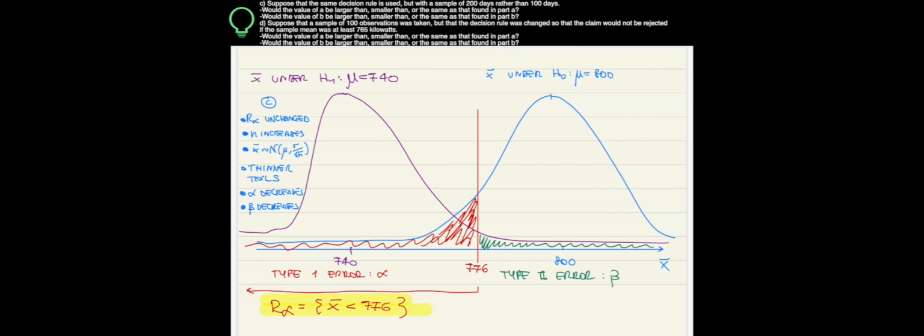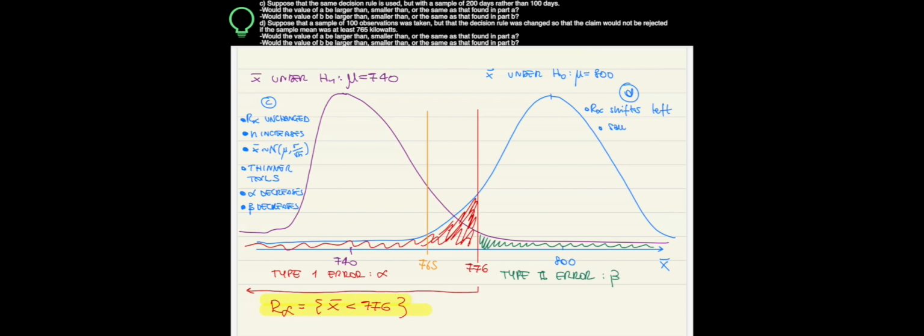So we only reject if the sample mean is lower than 765, right? So in case D, the critical region shifts left. Okay, it shifted to the left.